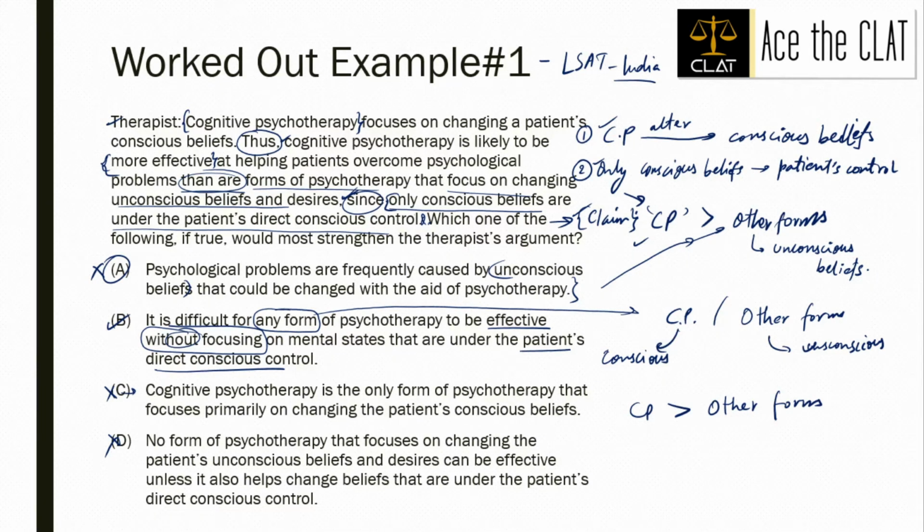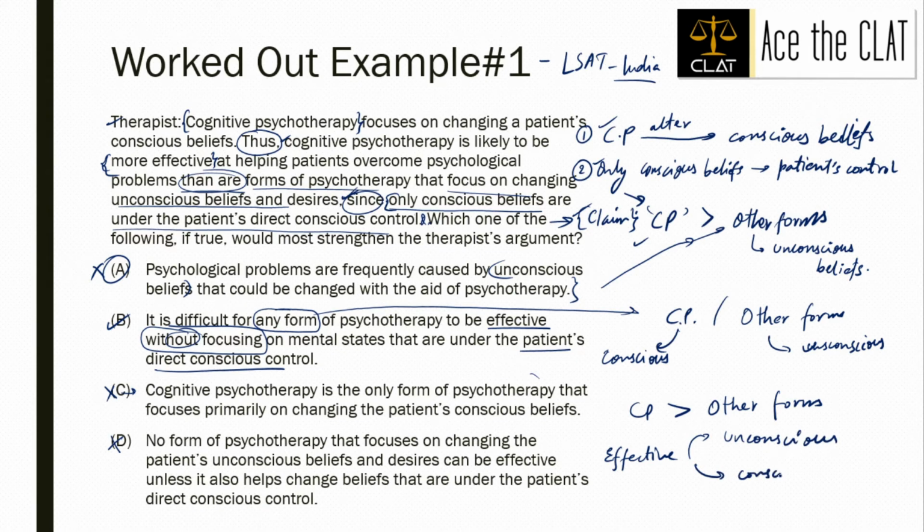Okay. Option D says no form of psychotherapy that focuses on changing the patient's unconscious beliefs and desires can be effective unless it also helps change beliefs that are under the patient's direct conscious control. So what is this saying? That for a psychotherapy to be effective, it should focus on both unconscious and conscious.